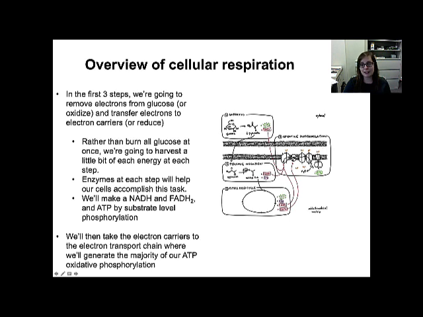Then this electrochemical gradient is converted to mechanical motion through ATP synthase, and that pops a phosphate onto ADP to make a whole lot of ATP. And again, I don't expect you to remember all of this, but I want to start to give you this picture of a lot of things moving around, and this figure nicely shows you what goes in and what comes out and where the reactions occur. But we're going to go into all of them in detail.